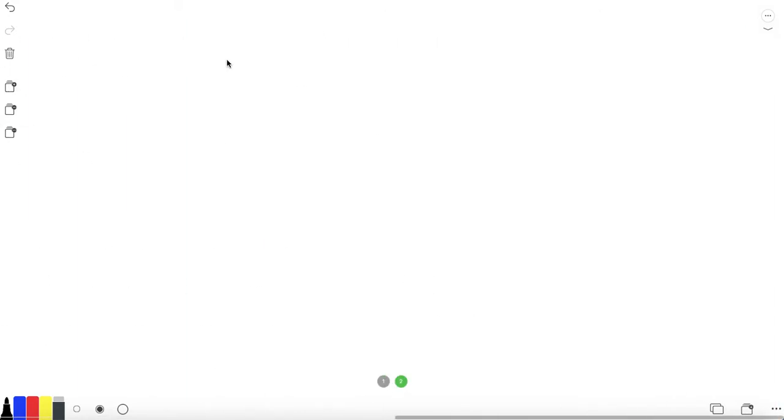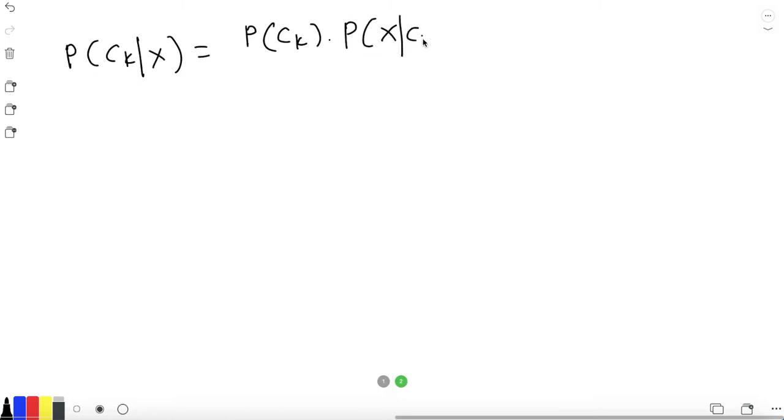If I write the Bayes theorem for this, it will be probability of Ck given x is equal to probability of Ck into probability of x given Ck divided by probability of x. So that is the Bayes theorem applied on this term. Now this was for Ck.